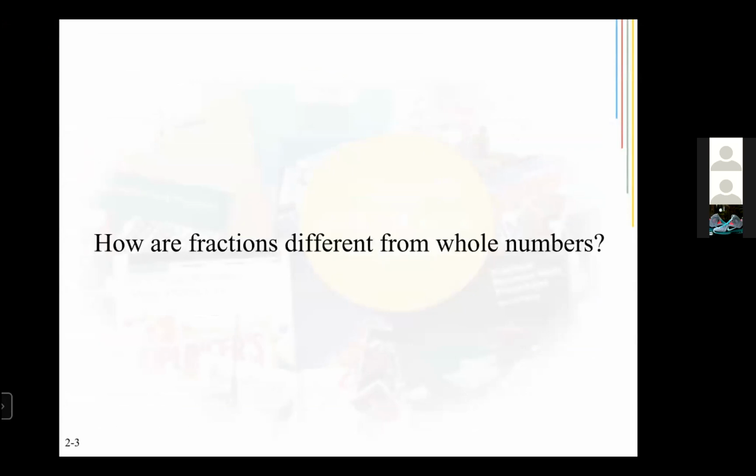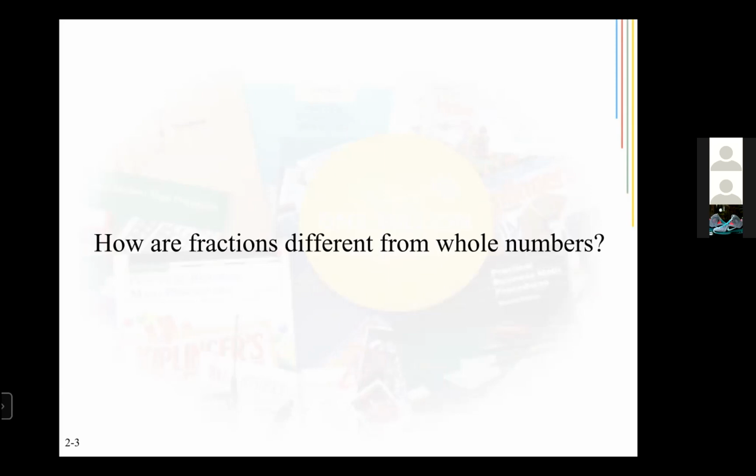The question is asking how are fractions different from whole numbers? What do fractions do? What's the purpose of a fraction? Why do we need fractions? To give us a portion, not a percentage, but a portion.